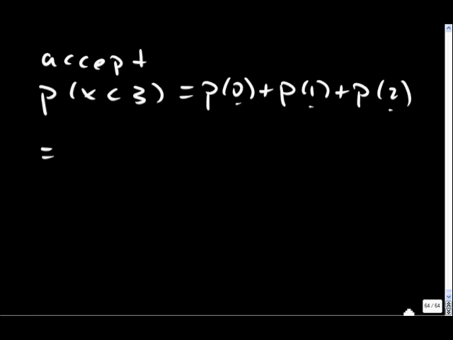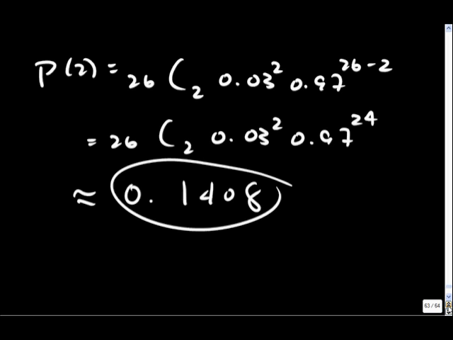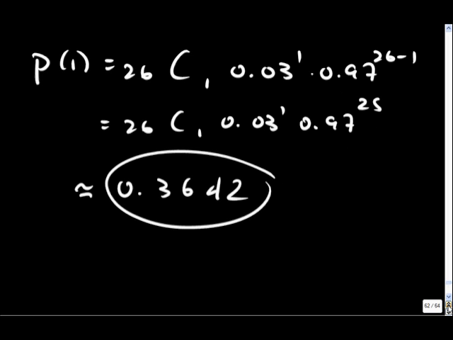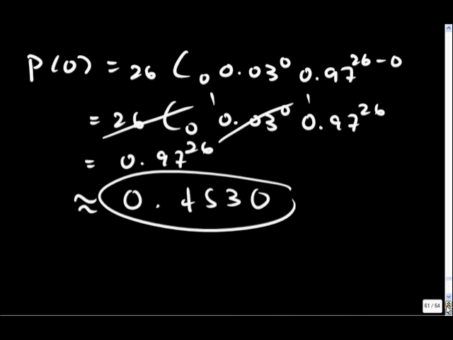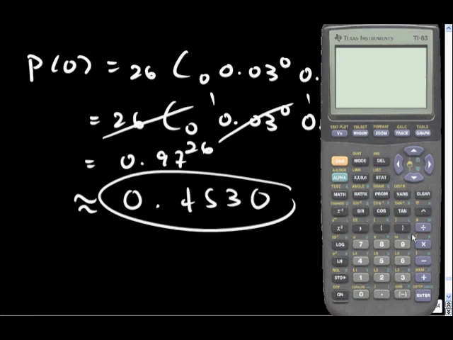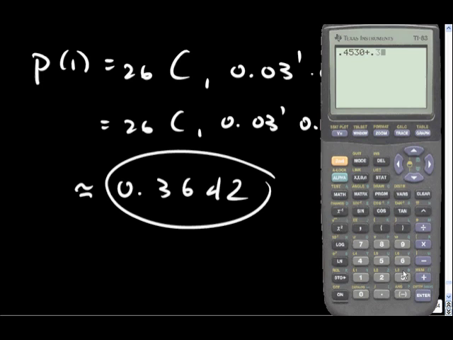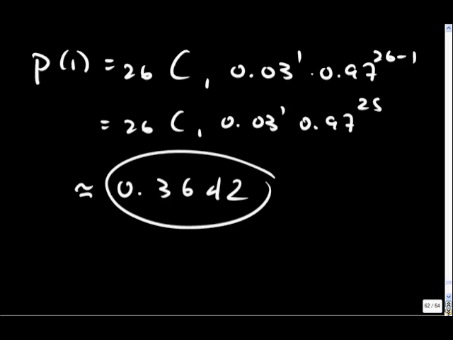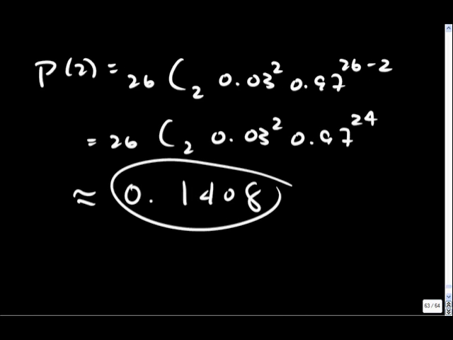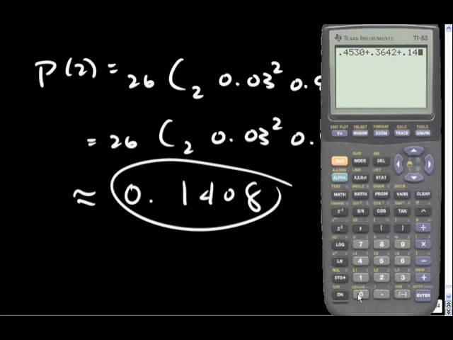So in order to do this, we have to scroll back and find each of those probability values. 0.4530 plus 0.3642 plus 0.1408. We find the answer is approximately 0.958.